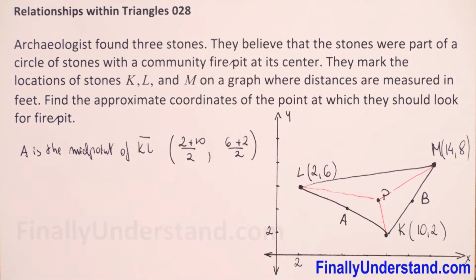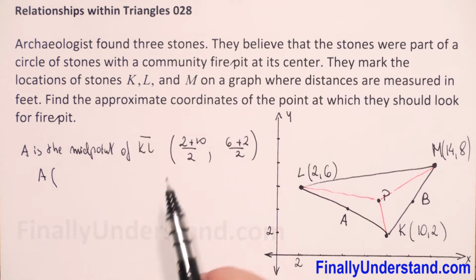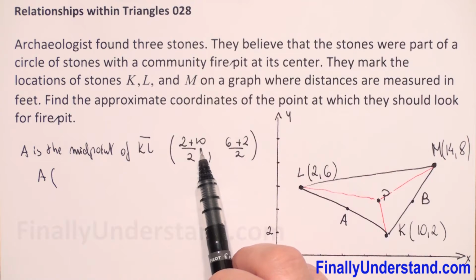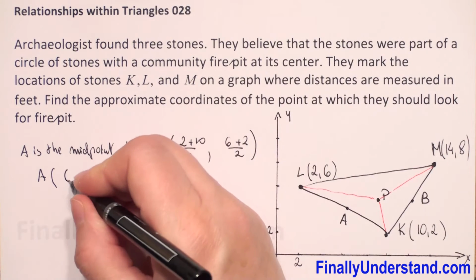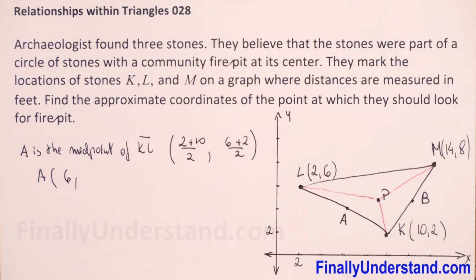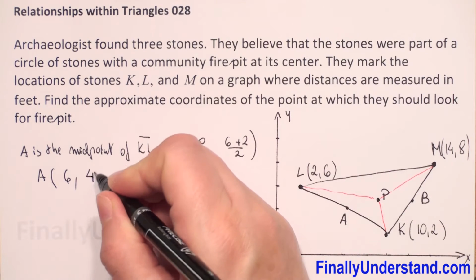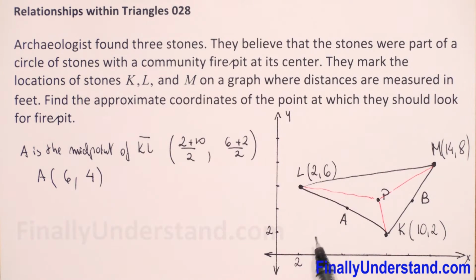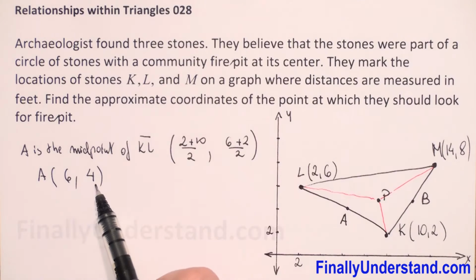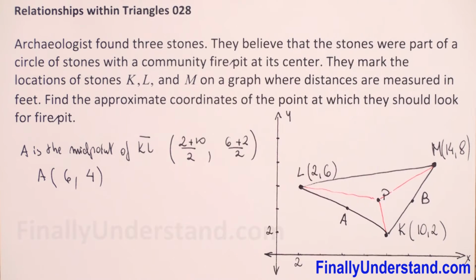So point A will have coordinates: 2 plus 10 is 12 divided by 2 is 6, and 6 plus 2 is 8 divided by 2 is 4. So we have the midpoint of KL segment. Point A has coordinates 6 and 4.